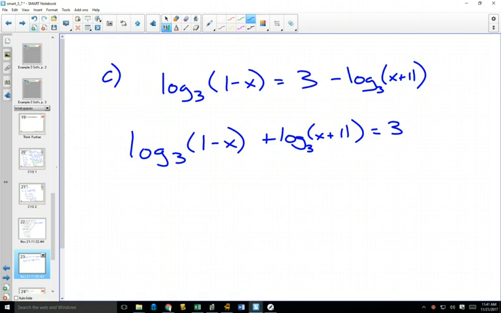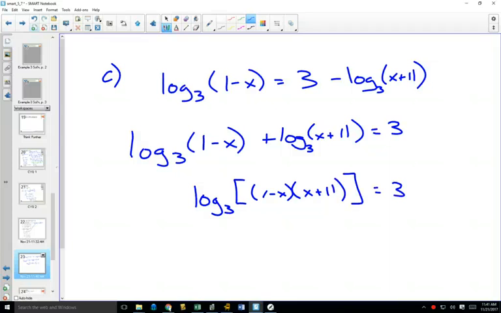Now, I'm adding 2 logs with the same base. That's important because if that 3 wasn't there, you can't combine those logs. You can only combine logs if their bases are the same. And so now I can use my log law that says when you add, you multiply. And so we've succeeded in getting this to a single logarithm.